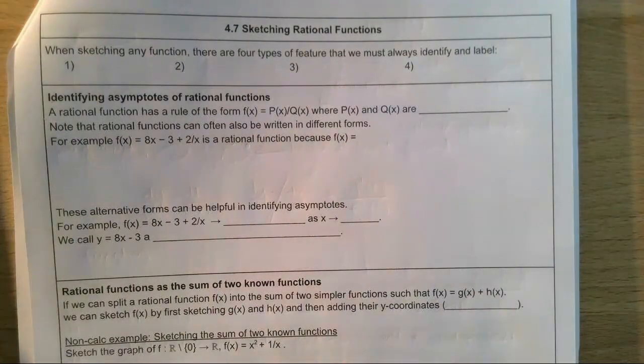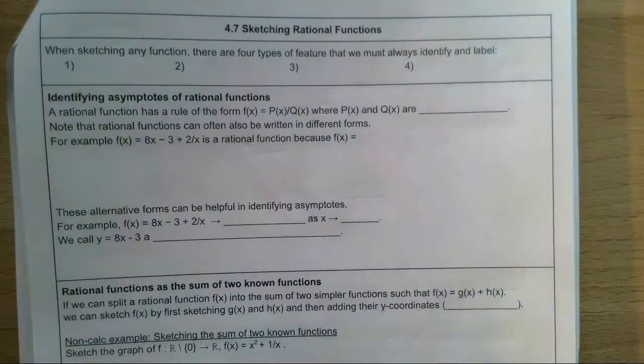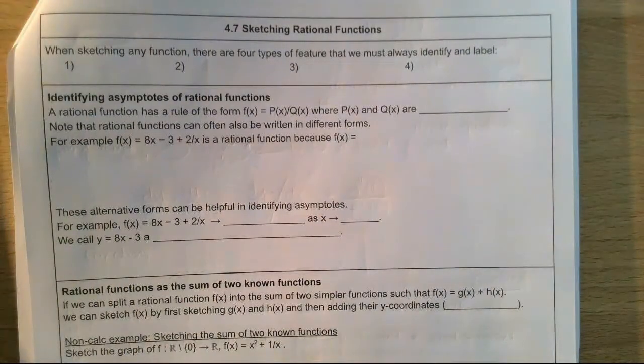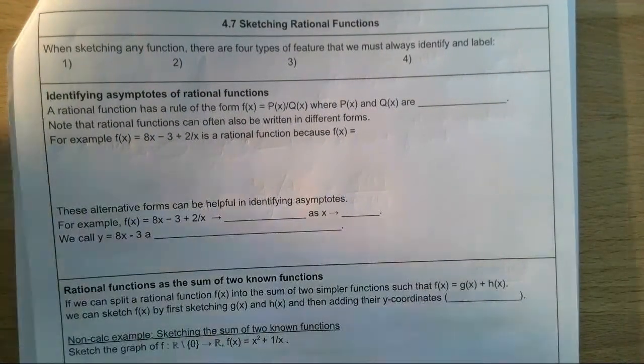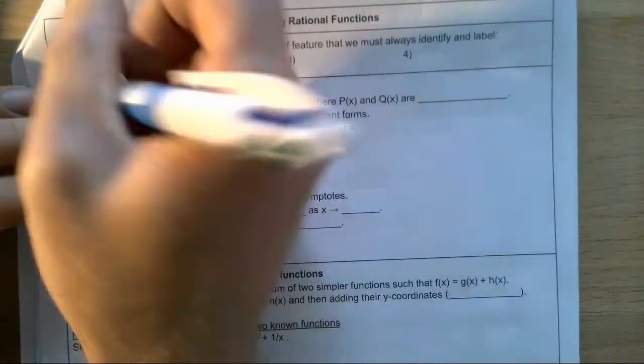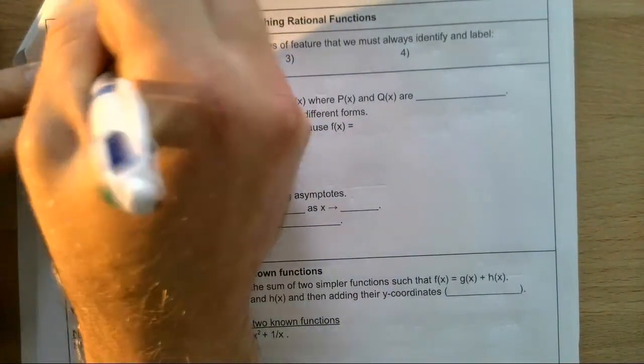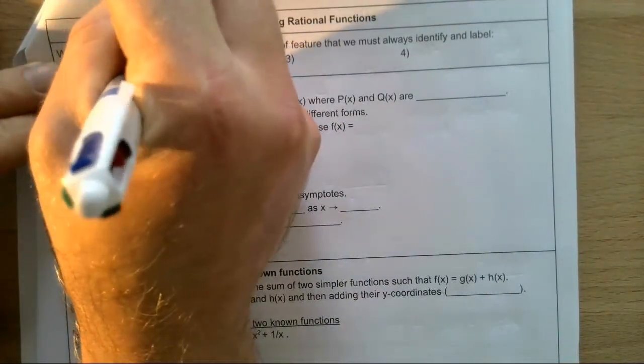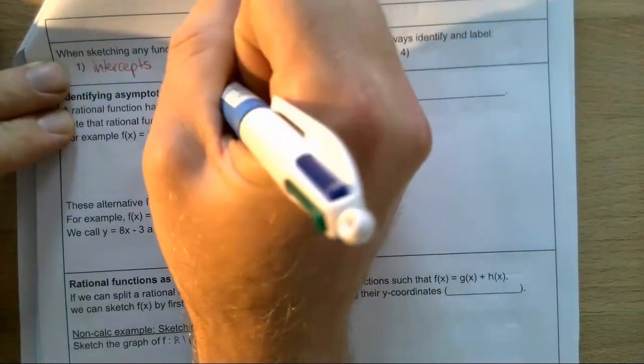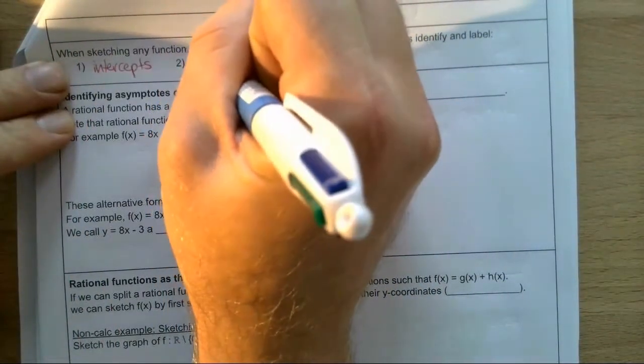So, with all the questions we do today, I want you to follow this idea that there are 4 things we always need to determine information about before we begin our sketches. So you could have a guess about some of these, but the key things we're always going to think about are, do we know anything about the intercepts, x and y? Do we know anything about asymptotes?